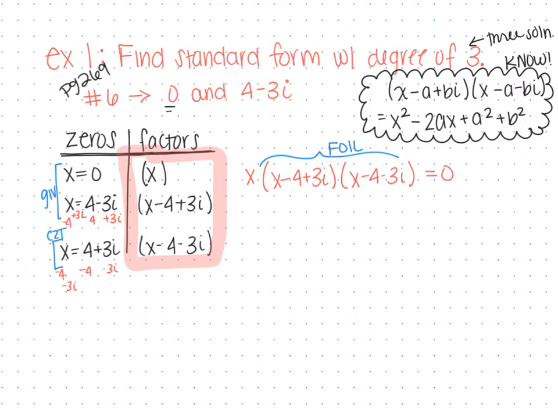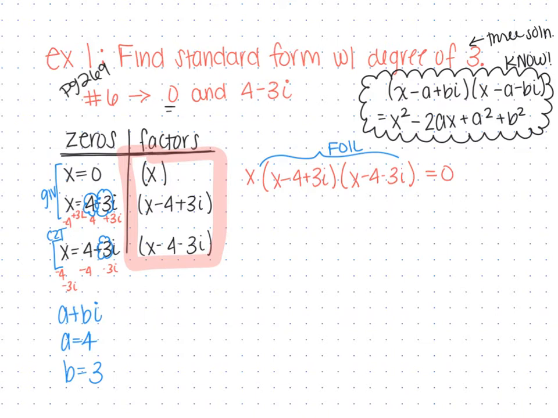So I need to pull out my a and b, and my a and b comes from the zeros in this left column. It comes from standard form. So standard form being a plus bi, meaning that 4 is going to be my a, and b is going to be 3 or negative 3.